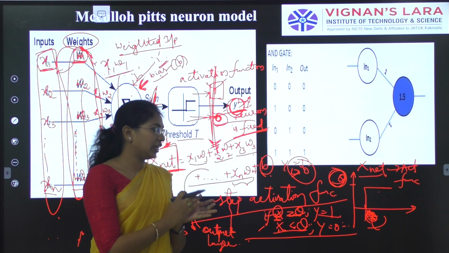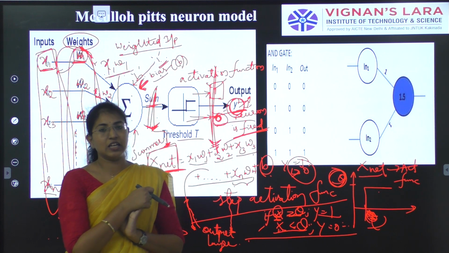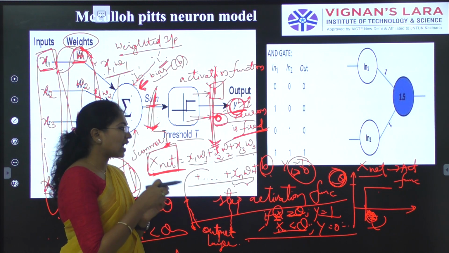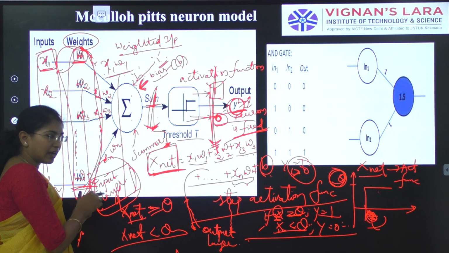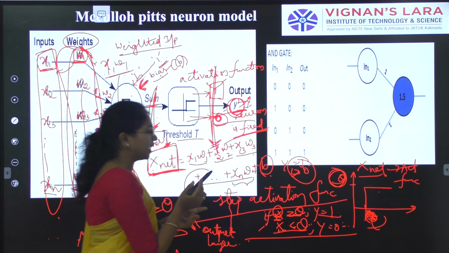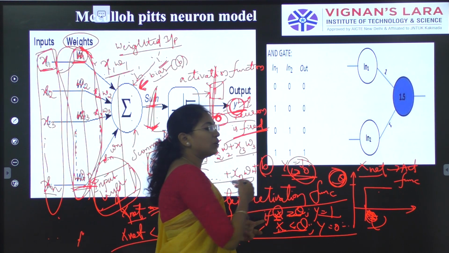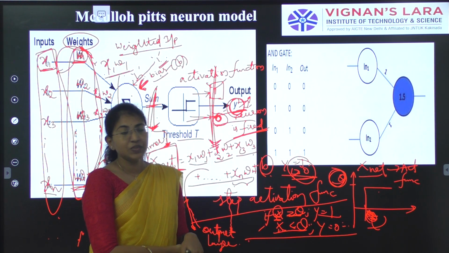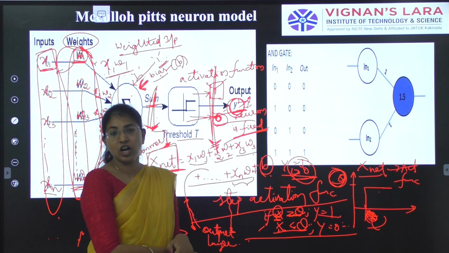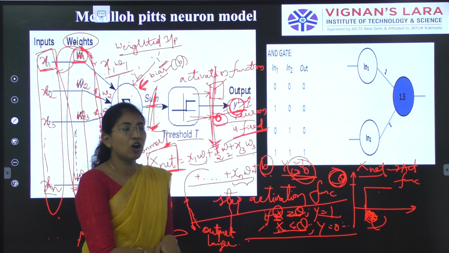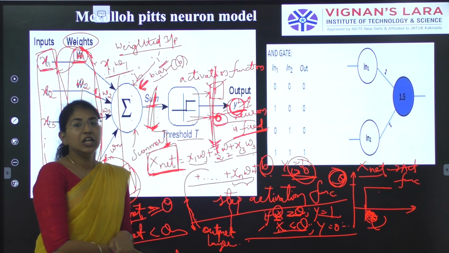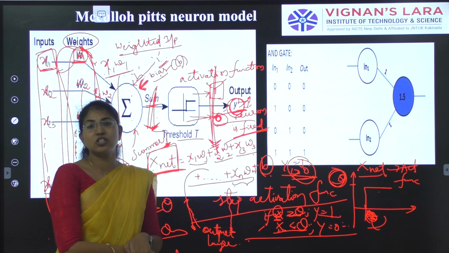We can't do anything. The process will stop there itself. As the initialization of weights is purely random, we may not expect the required output at the output of the neuron. If the expected output is not obtained, then there will not be any learning also. There will not be any adjustment of weights proposed in this McCulloch-Pitts neuron model.